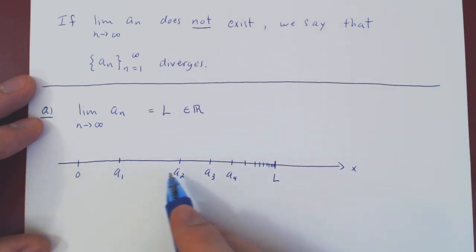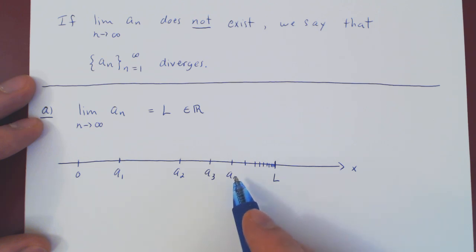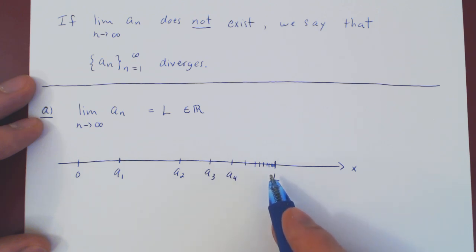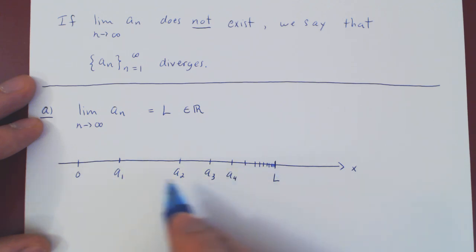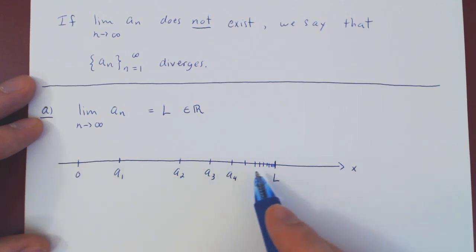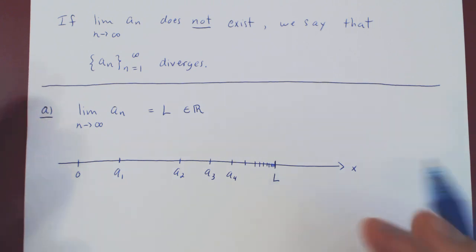And as we look further down our sequence, a1,000, a million, the terms are getting closer and closer to the real number L. So that's one way of visualizing the sequence converging to L.